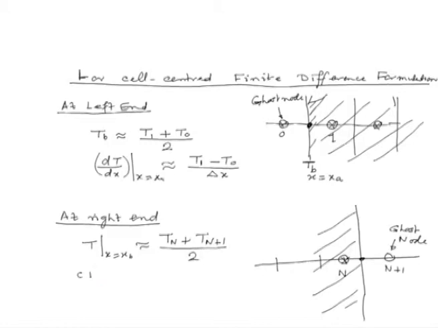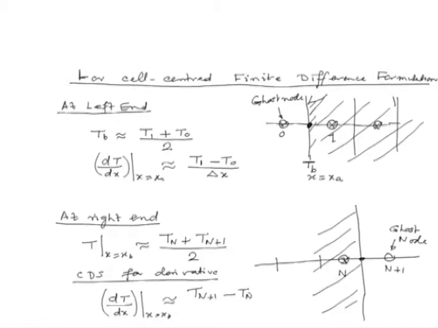Use CDS for the derivative, and all that it means is dT by dx at x is equal to xb can be approximated as Tn plus 1 minus Tn divided by grid spacing delta x.